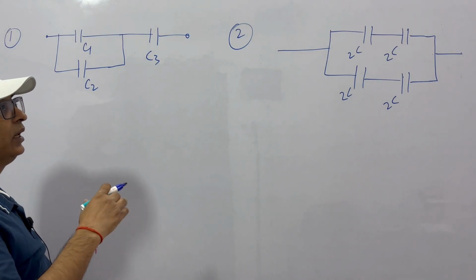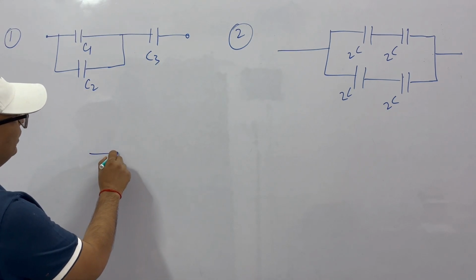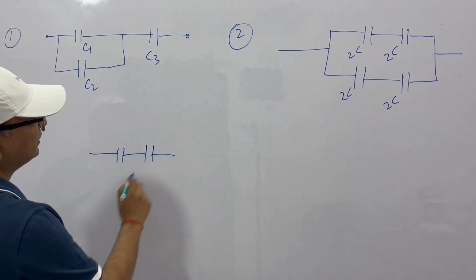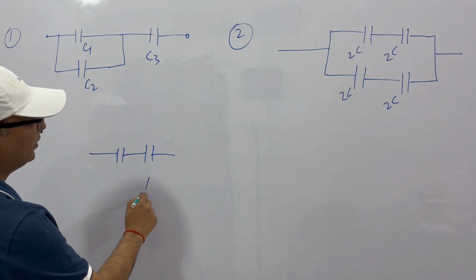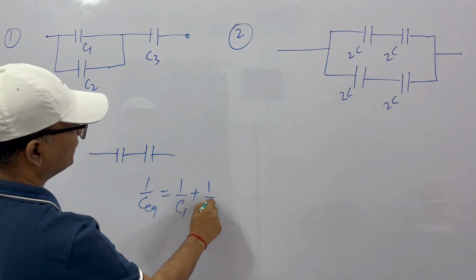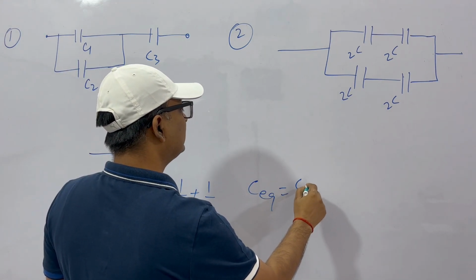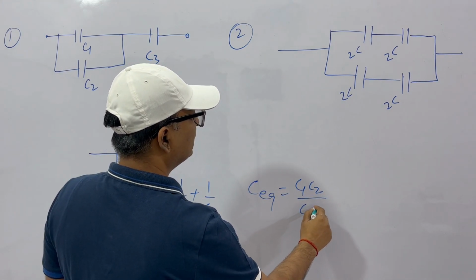Okay, let's see how we find equivalent capacitance. We know when capacitors are in series, the equivalent capacitance is like this. If we have two capacitors, C1 and C2, therefore we can say that C equivalent is C1 into C2 by C1 plus C2.